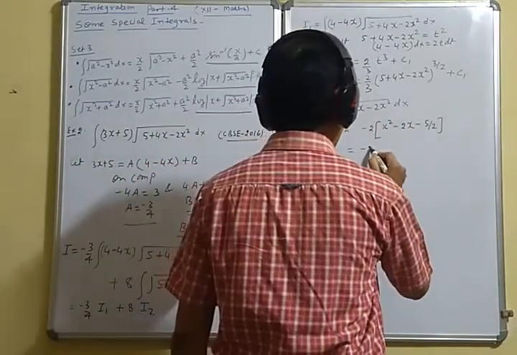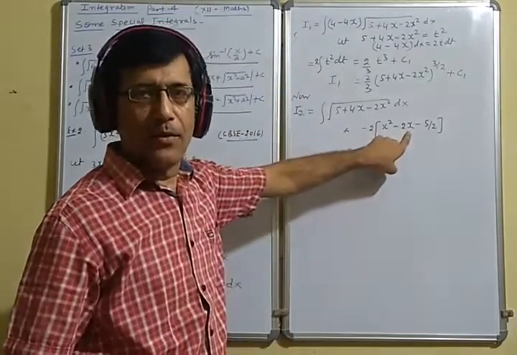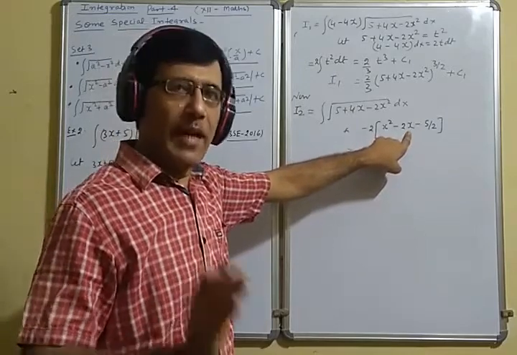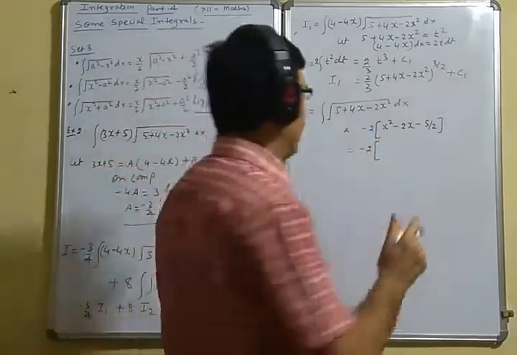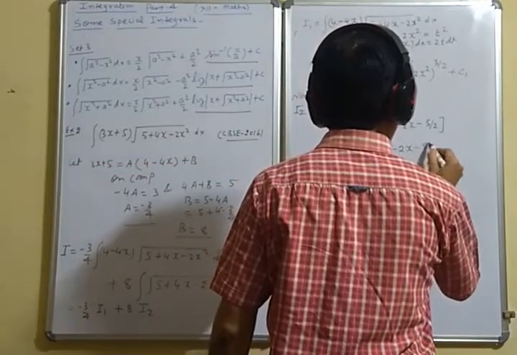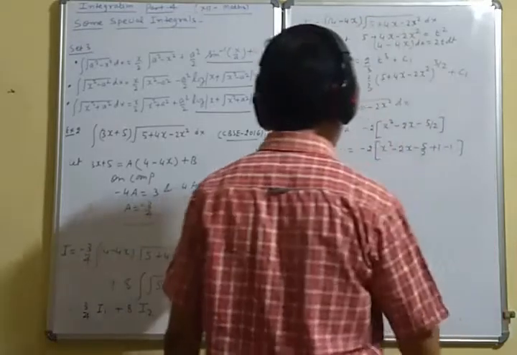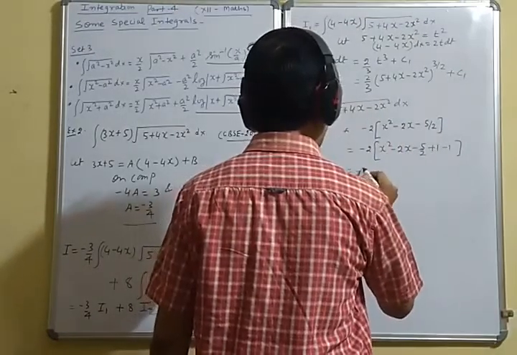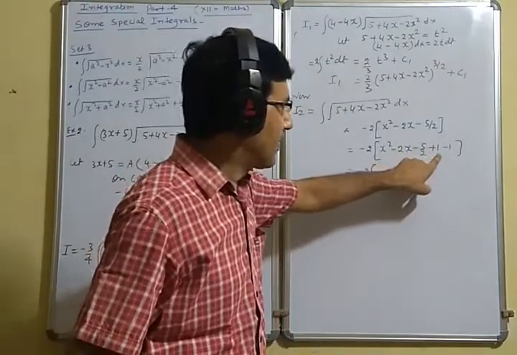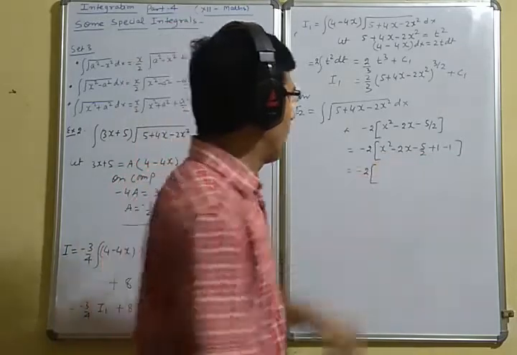Now the next step, minus 2 times: coefficient of x is minus 2, half is minus 1, square is 1. So we will add 1 and subtract 1. So that is x square minus 2x minus 5 by 2 plus 1 minus 1. So that is minus 2 times a square plus b square minus 2ab, so that is a minus b whole square.